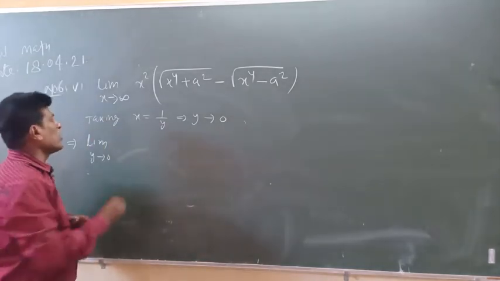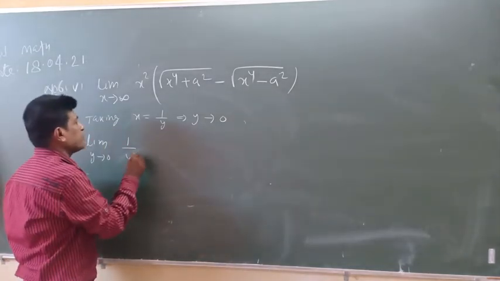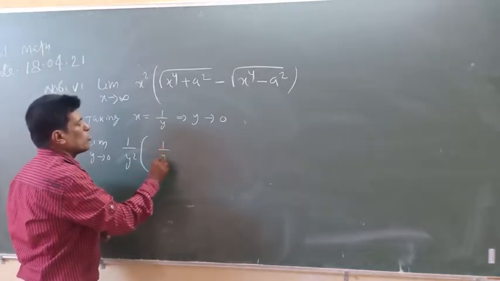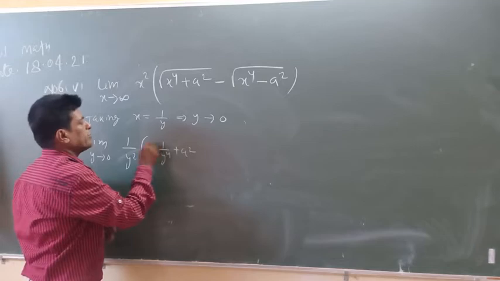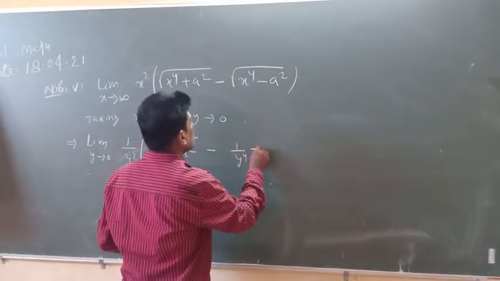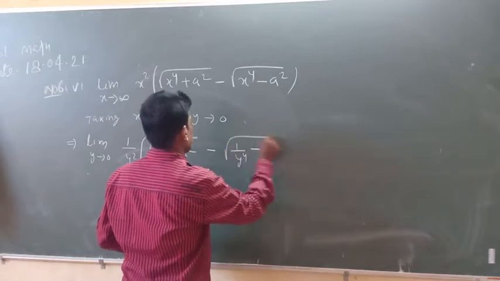In case of x square, you can put 1 by y square, and x to the fourth is 1 by y fourth, plus a square, minus 1 by y fourth, minus a square.